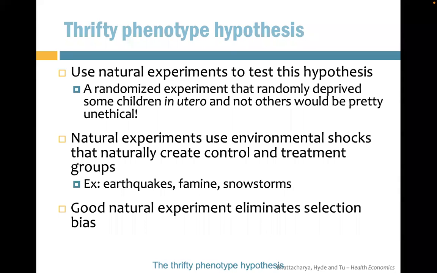Okay, since they talked about this hypothesis, they have to prove it. We know that the most efficient way to provide evidence is to do a randomized control trial. But it is unethical to randomly assign mothers or babies into a deprived environment, right?